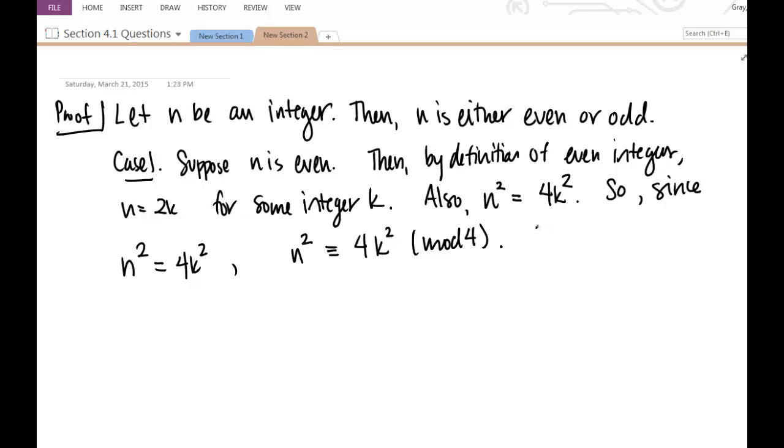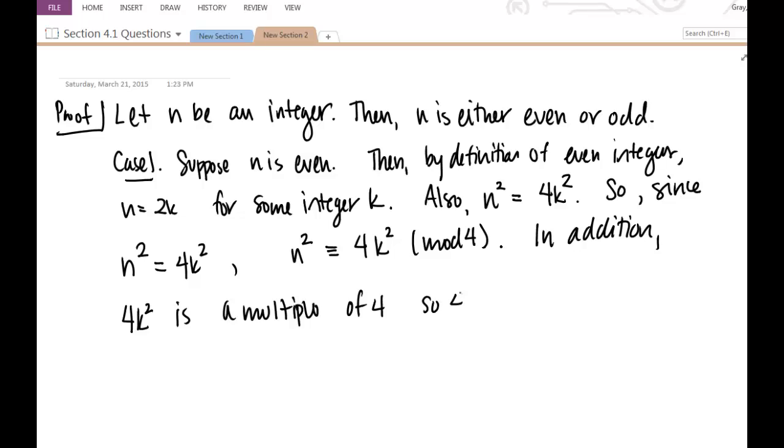Let's see, I'm trying to think how to say it next. Usually you don't start a sentence with a number. In addition, 4k squared is a multiple of 4. So 4k squared is congruent to 0 mod 4.